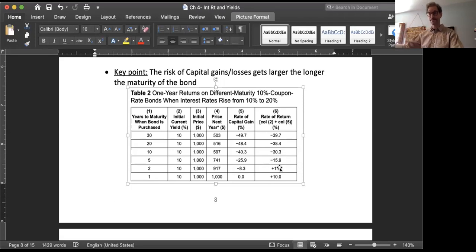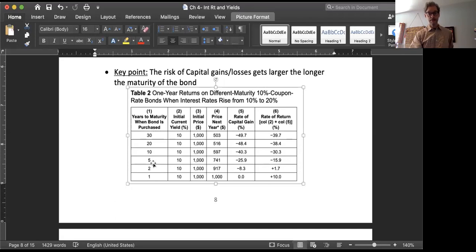The price is going to have to change a lot to accommodate all those years on which the yield is now going to be different. But if it's just a 1 or 2 year bond, you're not going to have to change the price nearly as much because there are not nearly as many years that you have to adjust the return.